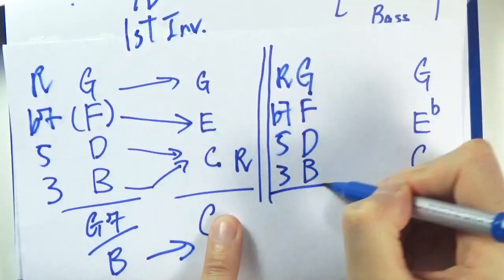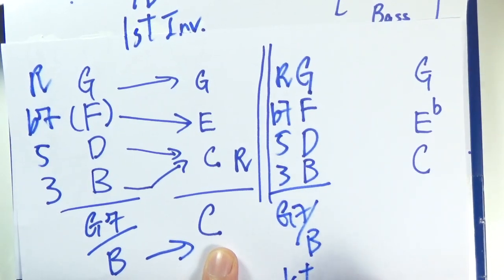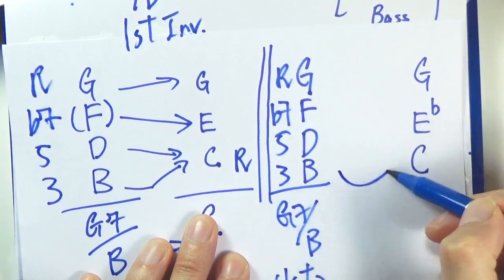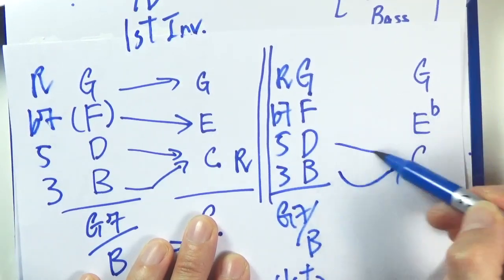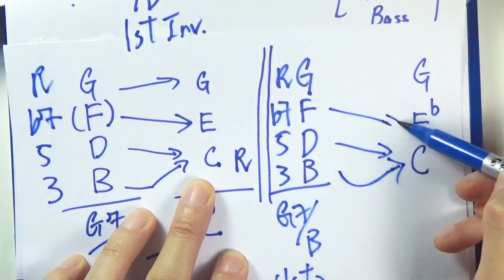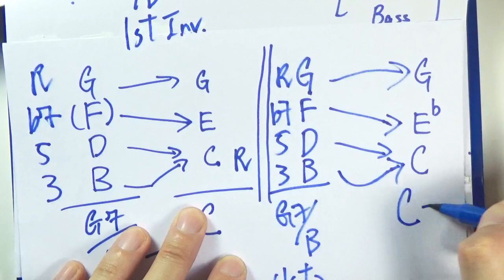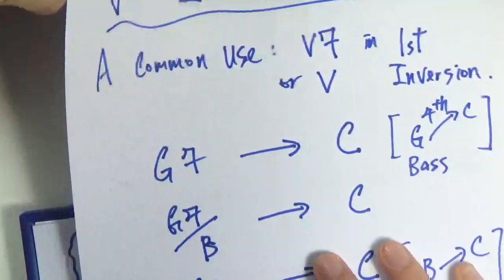Alright, and that's your G7 on B, first inversion. And you would basically have the same resolution. So B to C, D down to C, F down to E flat, and G would be staying as G. So that's C minor.